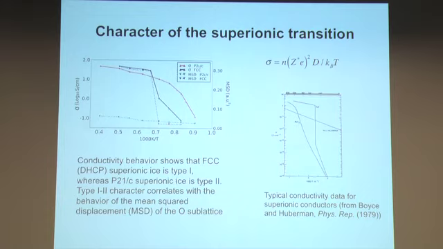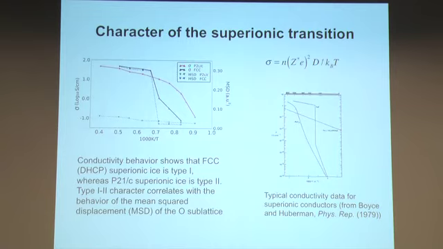And if we monitor the mean square displacement when the system is at low temperature across the superionic phase transition, one sees that there is a sudden jump, small, but a jump in the mean square displacement in the case of this FCC structure, but there is no jump, rather a continuous evolution when we look at this other system.